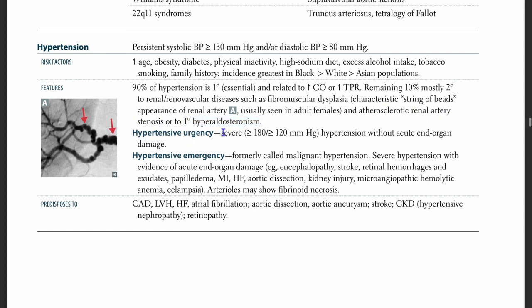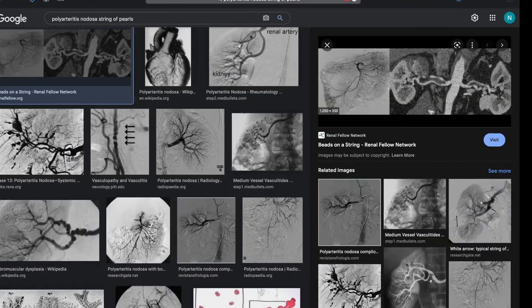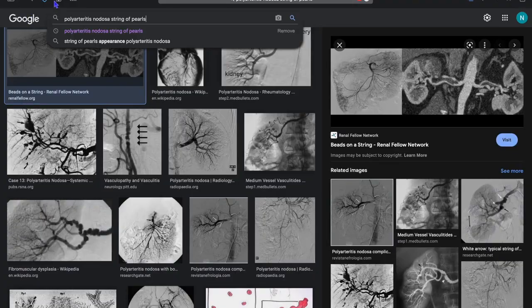Hypertensive urgency: severe, more than 180 systolic or more than 120 diastolic, hypertension without acute end organ damage, right? And then you have emergency, formerly called malignant hypertension. For this one, you need to know what it looks like because they might give you a photo of that.